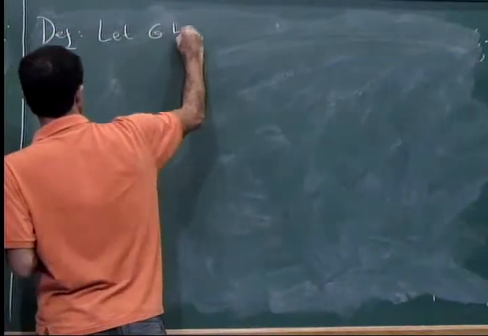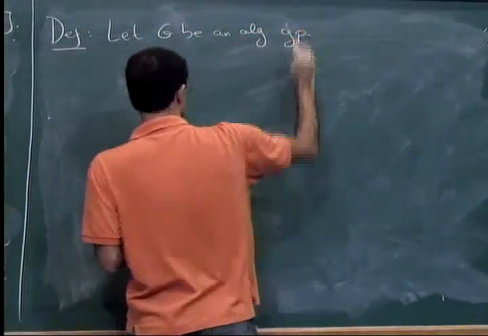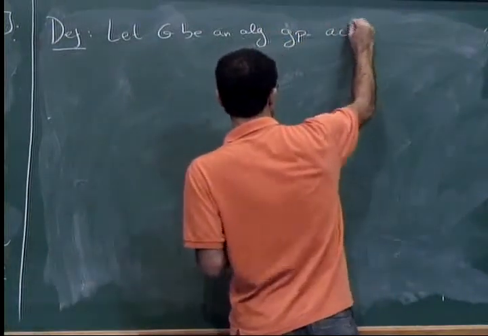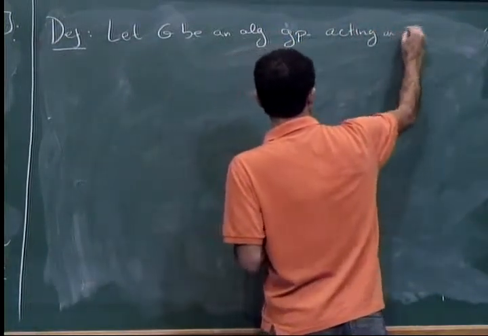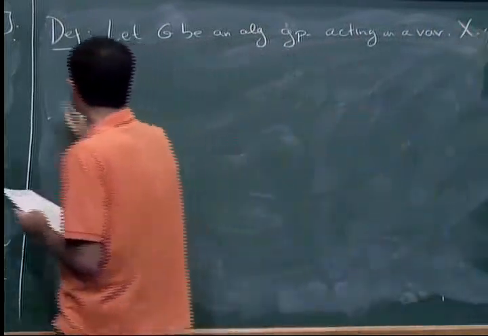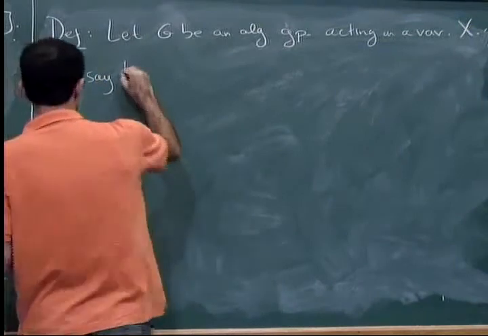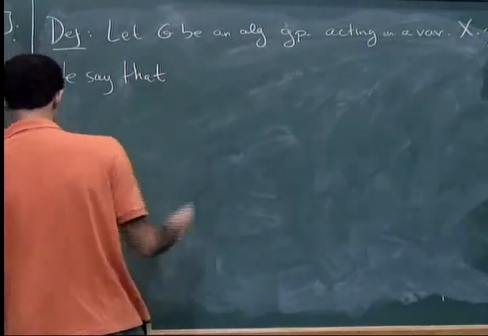So let G be an algebraic group acting on a variety X. Then, that's a terminology that was introduced by Mumford.